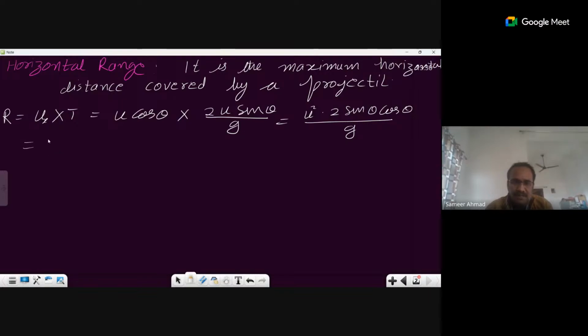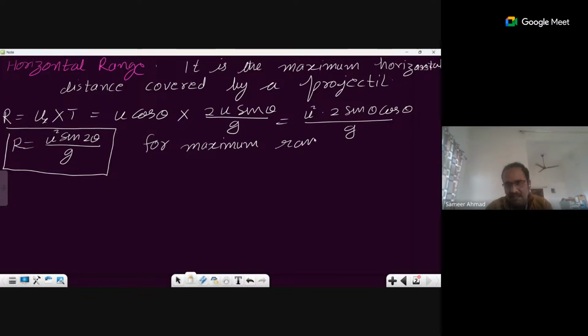So using the formula of sine 2 theta, we got u square sine 2 theta upon g. This is the equation for the horizontal range. Now, for the maximum horizontal range, for a given velocity of projection, the maximum range will be a function of theta.